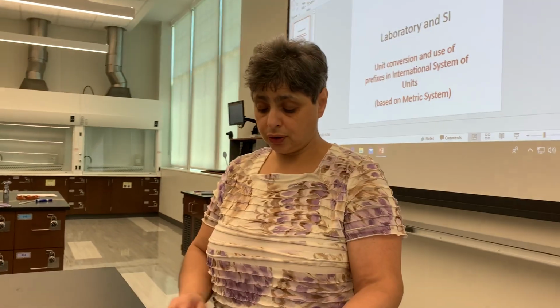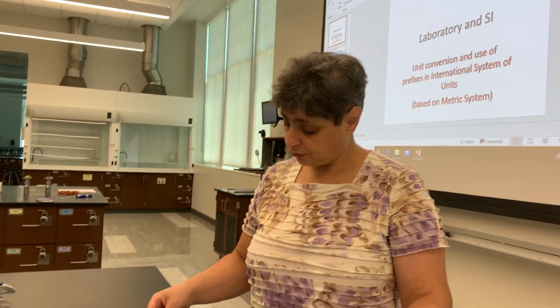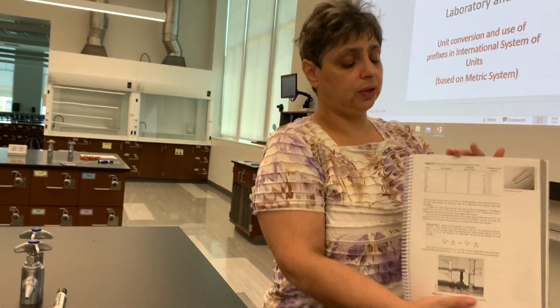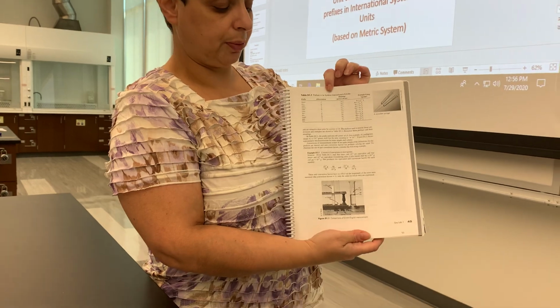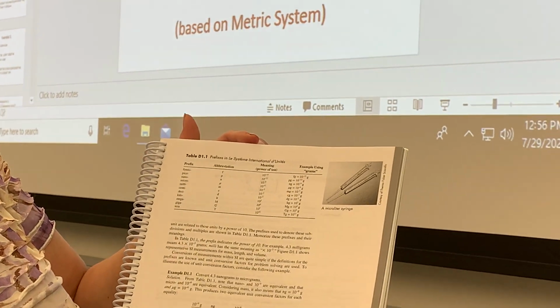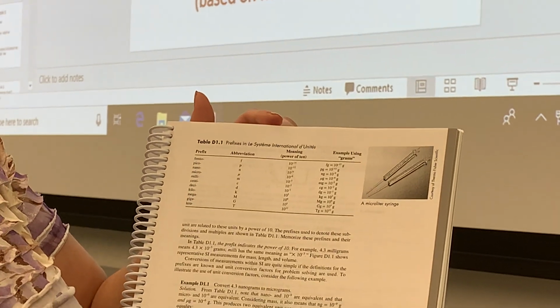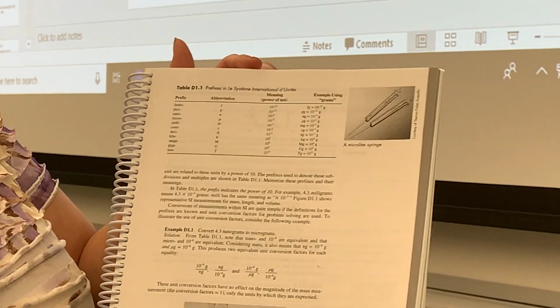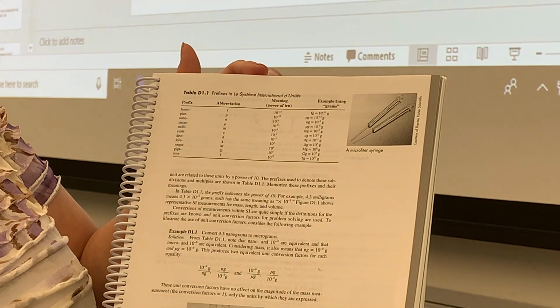If you turn the page to page 53, you will see a table. It's Table D11, right on top of page 53. It lists prefixes used in the International System of Units to designate either a fraction of a unit or a multiple of a unit.